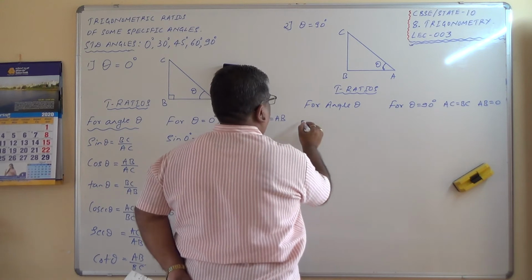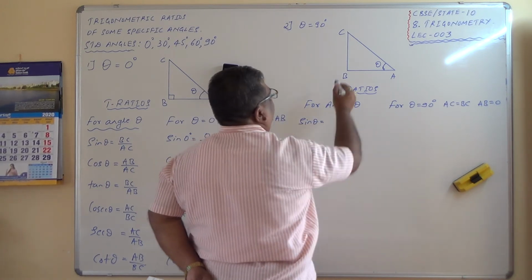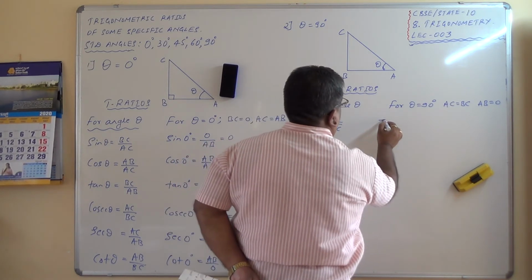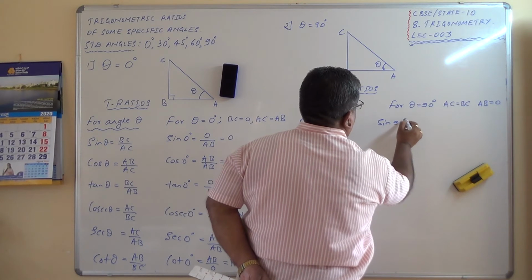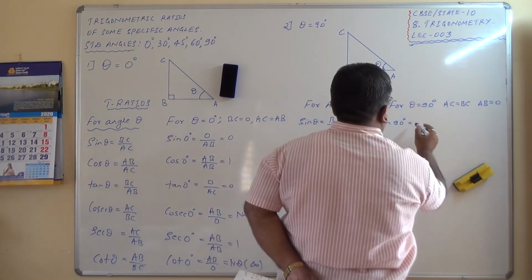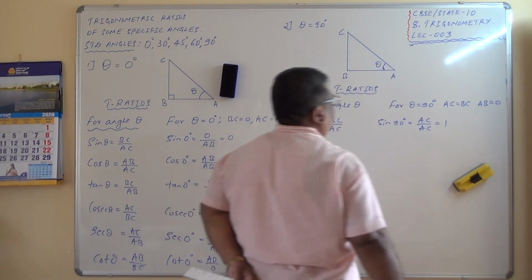So sin theta equals BC by AC and sin 90 degrees equals BC will change to AC, which is 1.